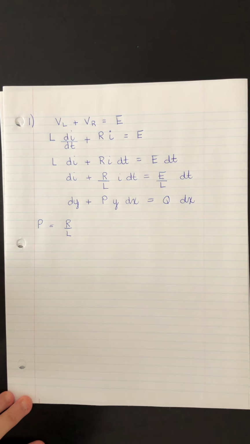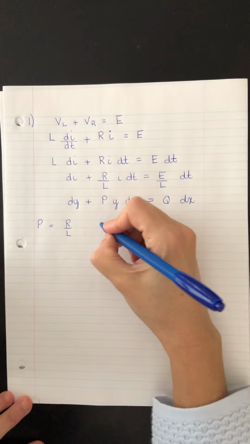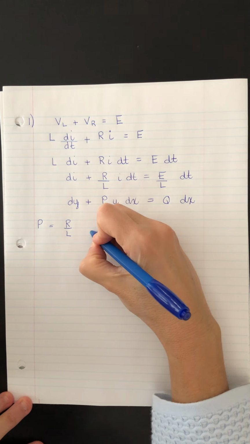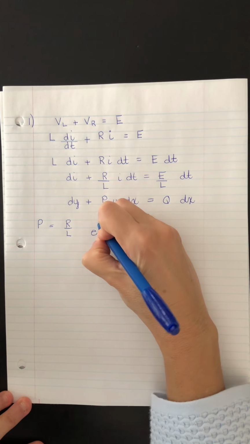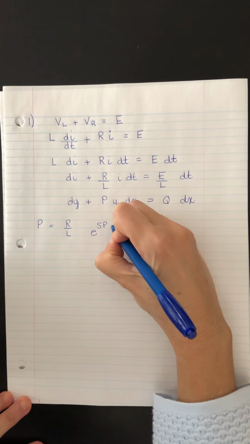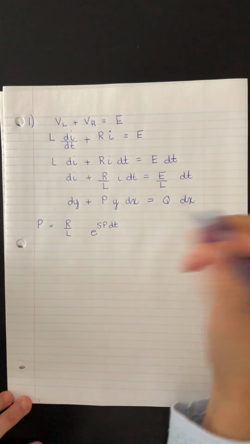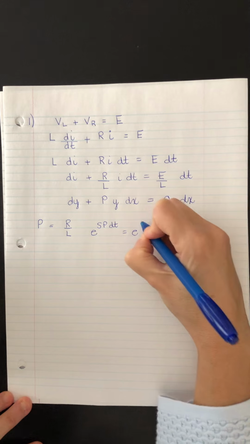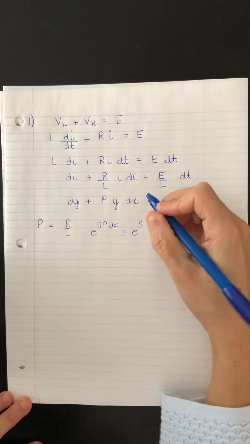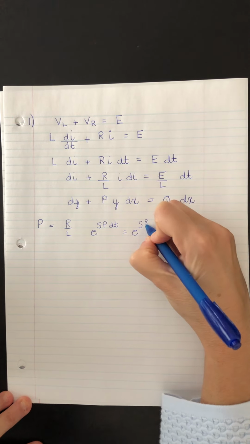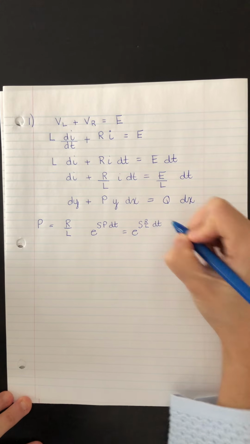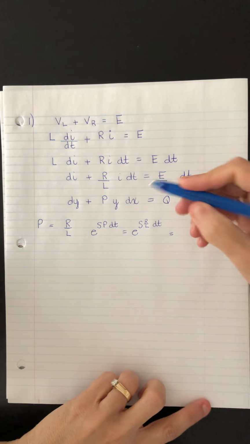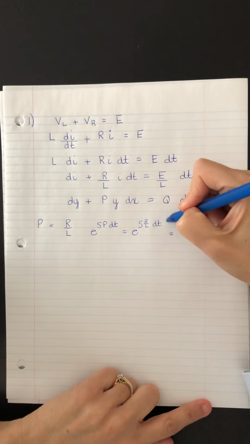So this means we can work out our integrating factor, since it will be e to the integral of P dt. So it is e to the integral of R over L dt. We just have to integrate this exponent.